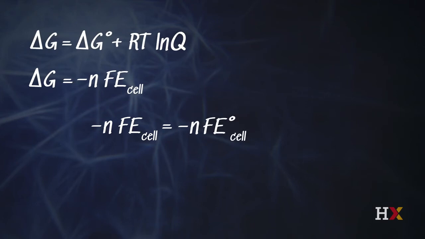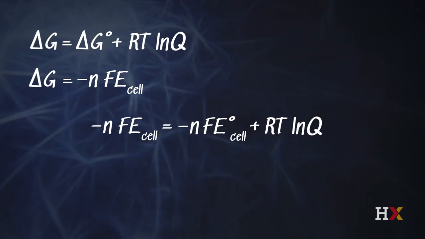And then I have a plus RT log Q left over at the end of that equation. That means that I can solve at any time I want for the cell voltage under non-standard conditions. So I want to calculate my cell voltage during the course of the life of that battery.